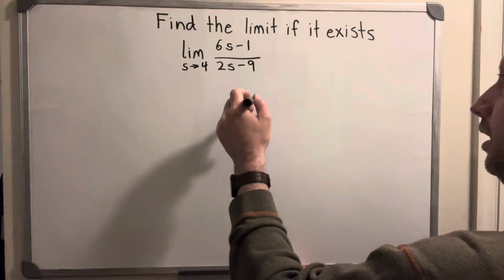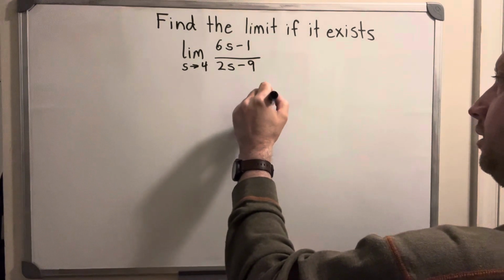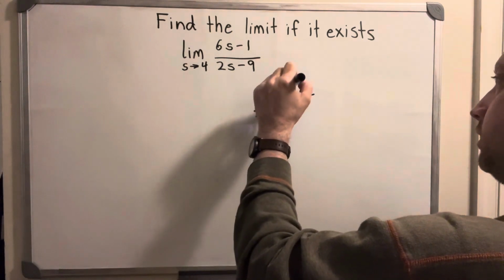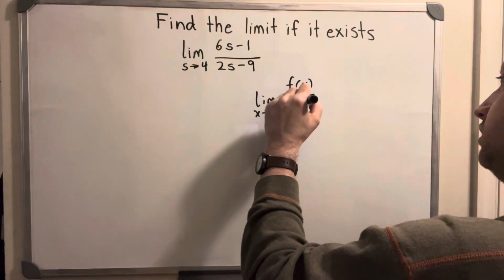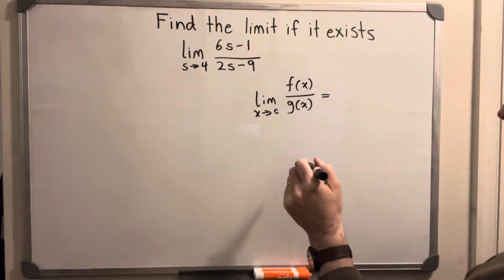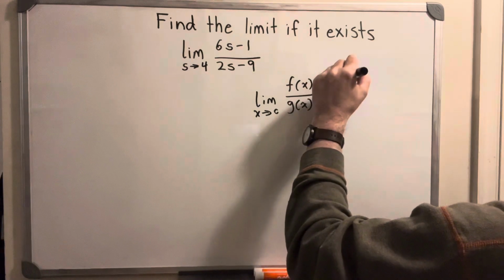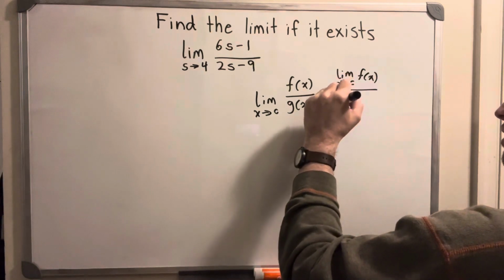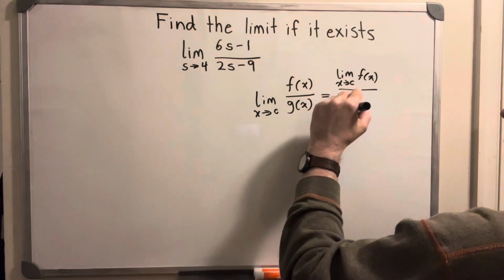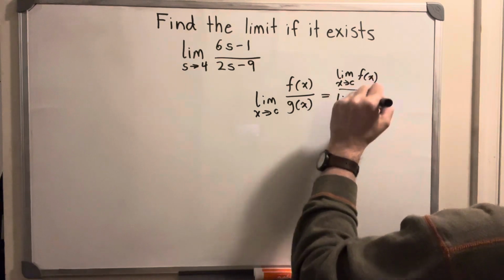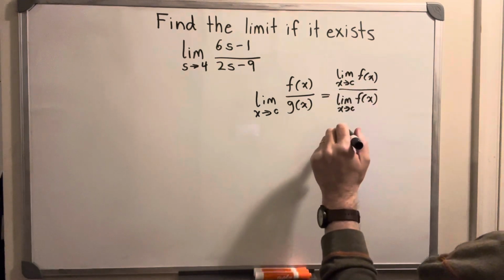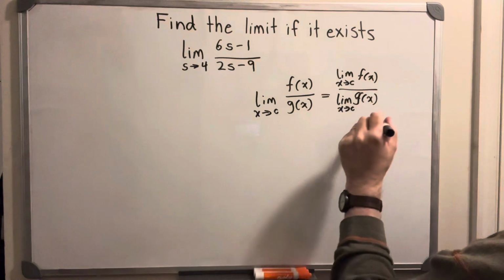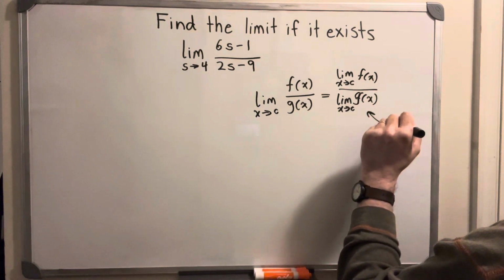The quotient limit theorem was that the limit of a quotient of two functions is equal to the quotient of the limits if the limit as x approaches c of g of x must not be 0. It must not approach 0.